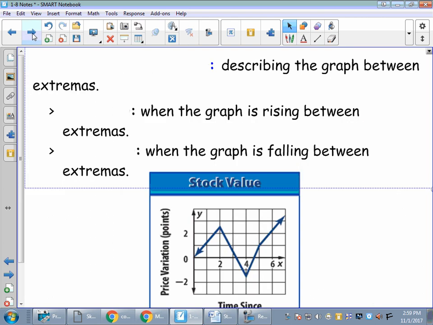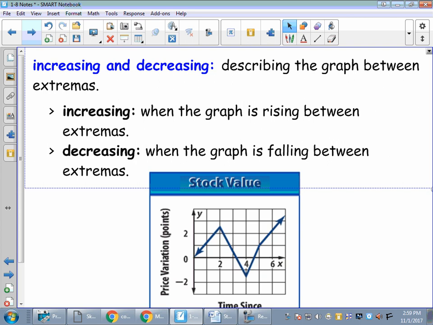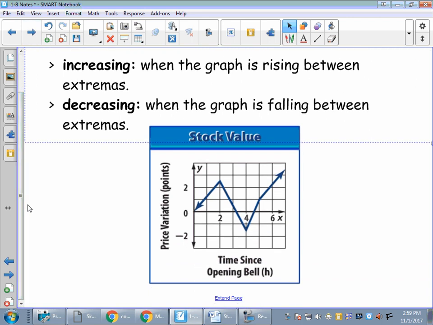Using the stock values one last time here, we can talk about increasing and decreasing on a graph. There's no special name for this, but it's a description. A graph increases when the graph is rising between extremas, and it's decreasing when the graph is falling between extremas. So we read this graph from left to right. We have a rise here. From left to right, the values are going up.